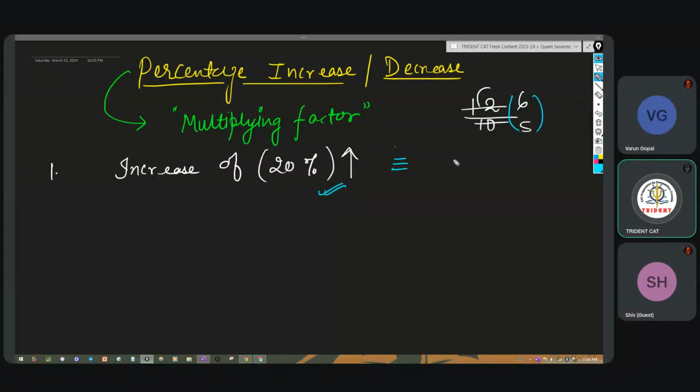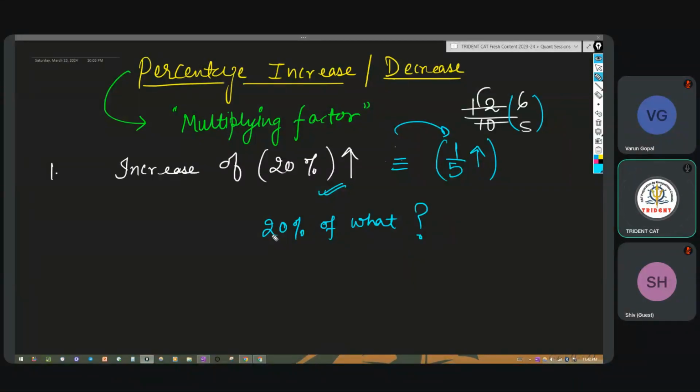It is nothing but an increment of 1 by 5, right? Now please understand, guys, fractions as well as percentages are relative terms. They themselves have no significance. For example, if I say an increase of 20%, 20% of what? This is always going to be important.